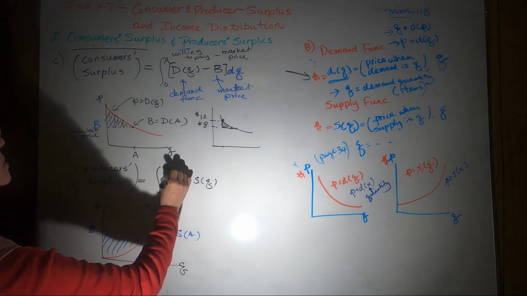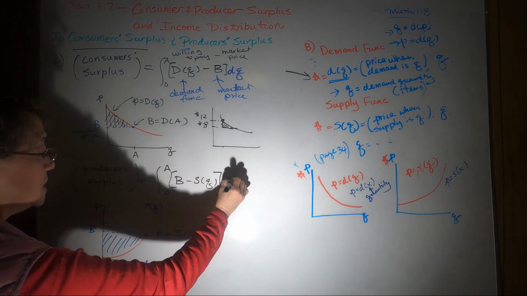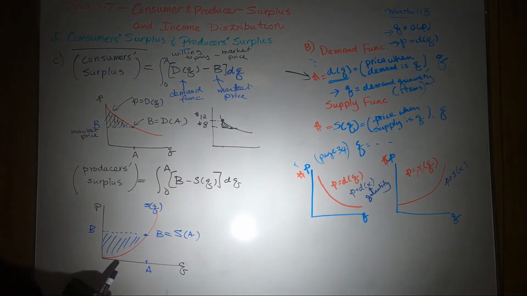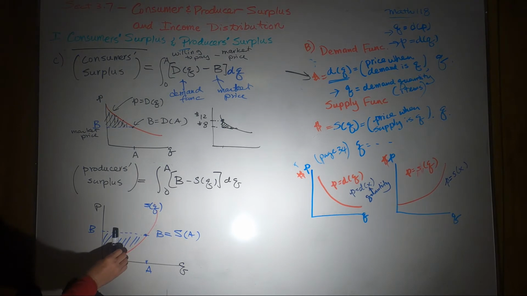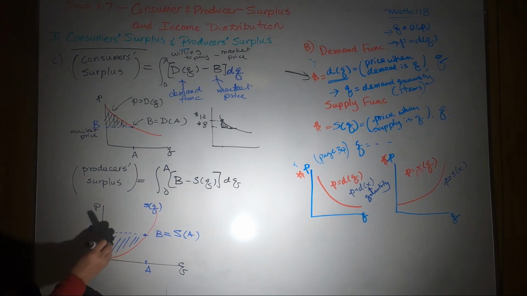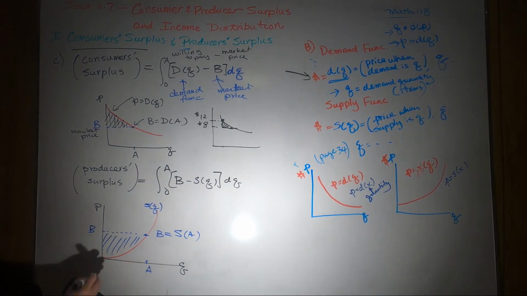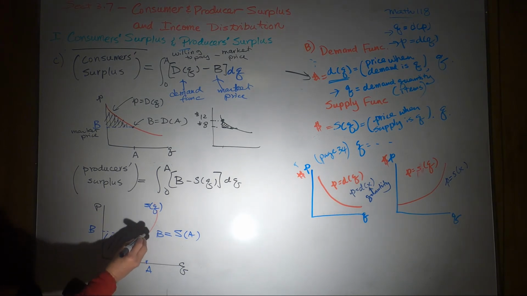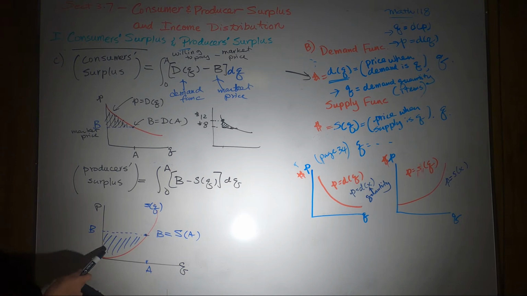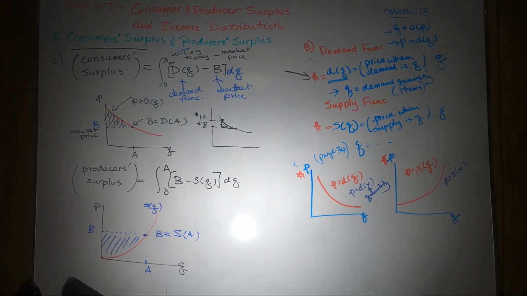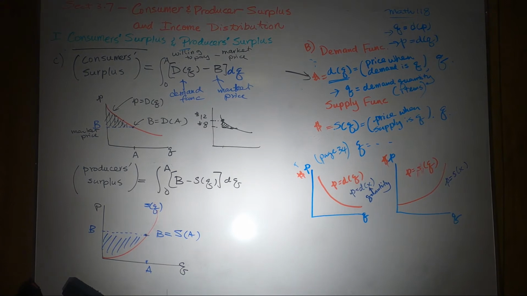Okay, so against what? The quantity, depending on how many quantities. So if quantity is here, they will have surplus only for a portion of it. But all the way to this point, market price, if the supplied quantity is high, price is high, then they don't have surplus anymore, right?